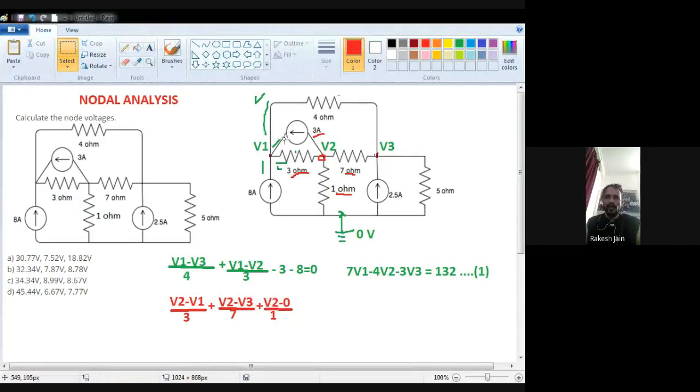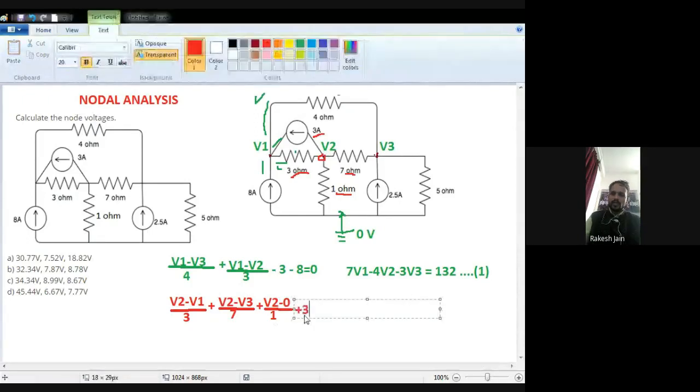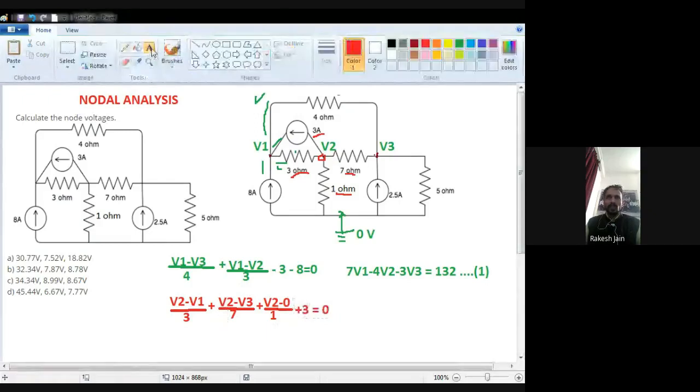Is the 3 ampere current coming towards V2 or going from V2? It is going from V2, so I have to write it with positive sign, and then equal to 0. Okay, so now we will simplify this equation.